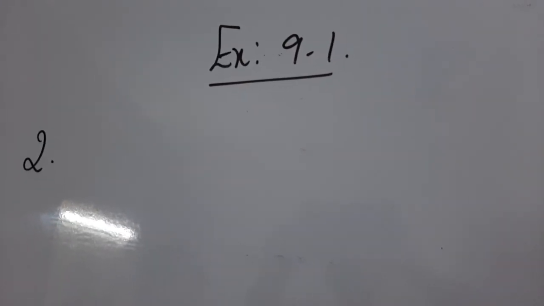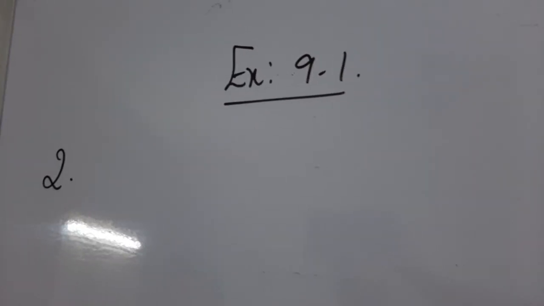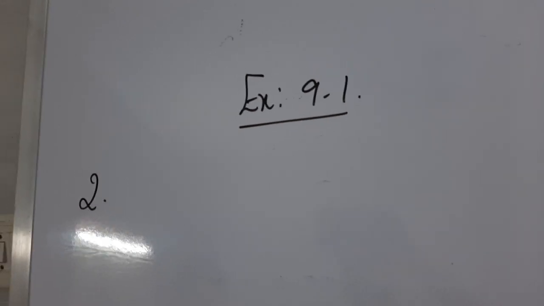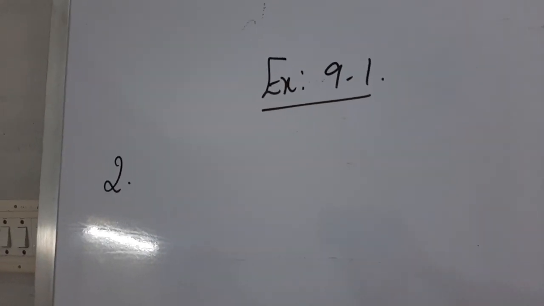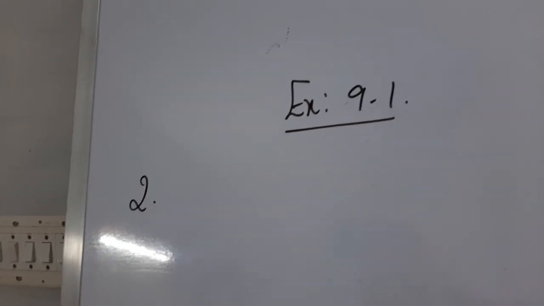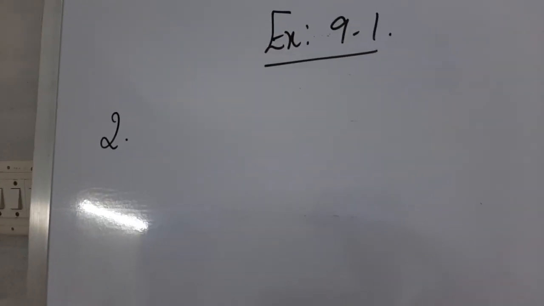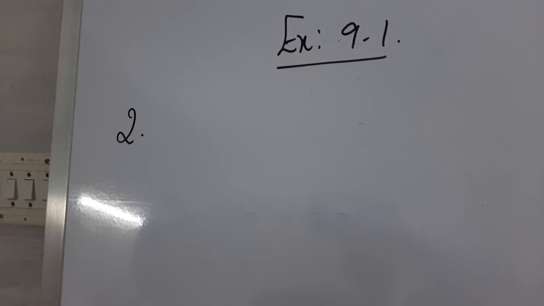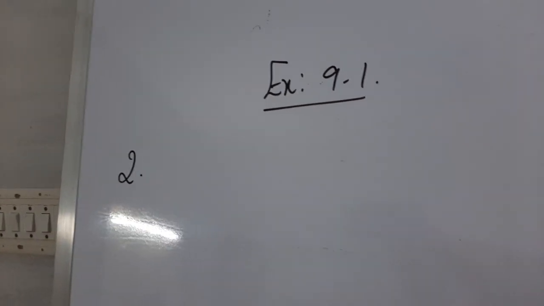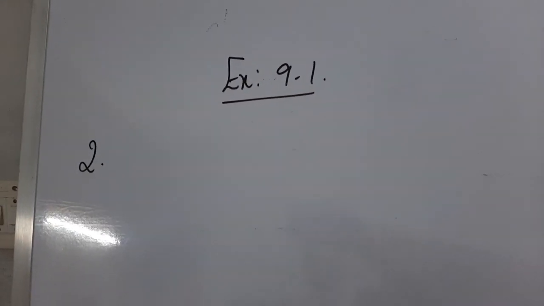Now see question number 2. A tree breaks due to a storm and the broken part bends so that the top of the tree touches the ground, making an angle 30 degree with it. A tree stands on the ground.